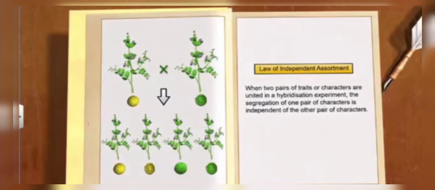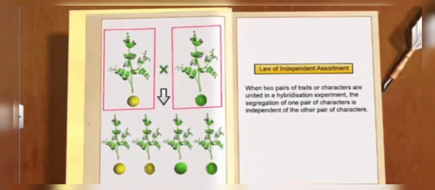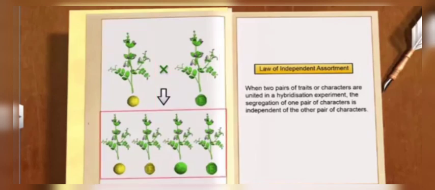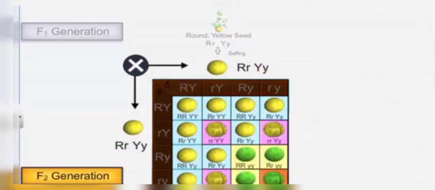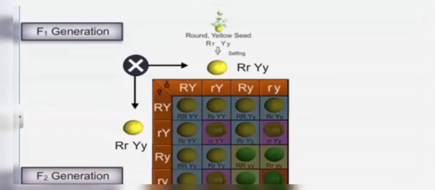We learnt about the law of independent assortment in the last module, which states that the segregation of one pair of characters is independent of the other pair when two pairs of traits or characters are combined in a hybridization experiment. We can use a Punnett square to easily understand the independent segregation of these two genes during meiosis and the production of pollen grains and eggs.